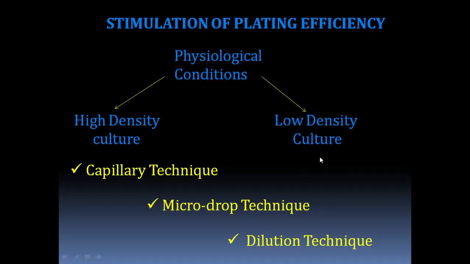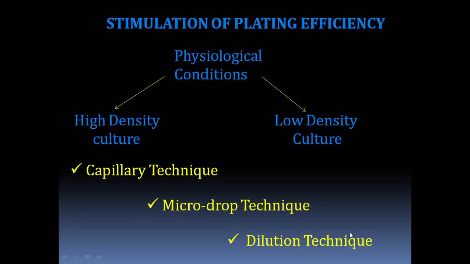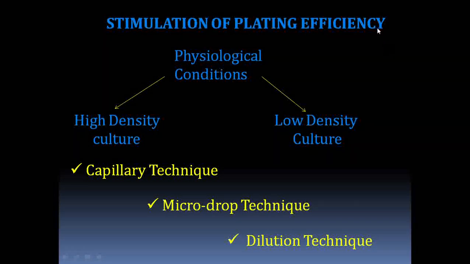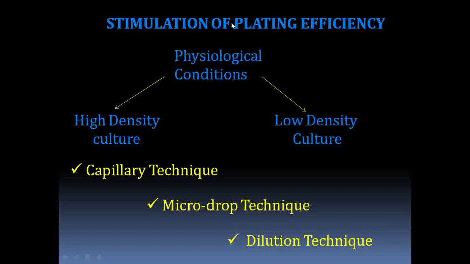That can be done with different techniques called the capillary technique, micro drop technique, and the dilution technique. These are the three different techniques that we studied last lecture, right? So now we are going to talk about how I can more efficiently perform my plating efficiency. I know that these are the different techniques which will help for plating efficiency to be calculated, but these techniques do involve other factors too.